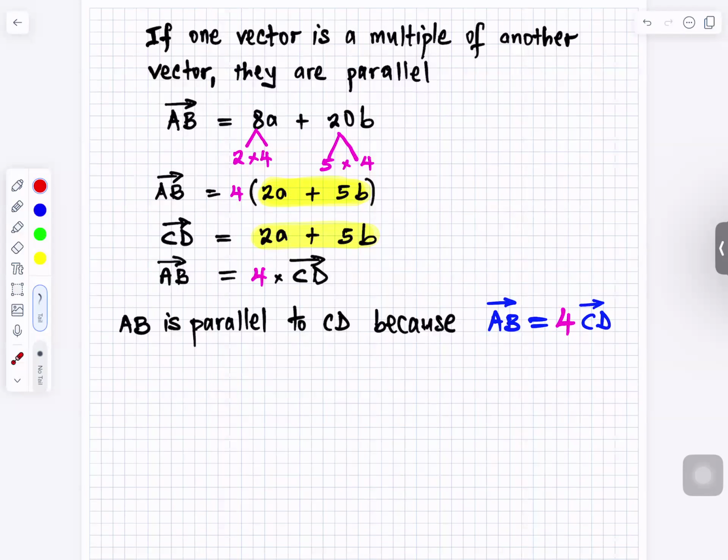So you conclude by saying AB is parallel to CD because, very important, AB is 4 times CD. So the 4 is what can change. It can be 10 times CD, 2 times CD, but because it's 4 times CD in this case.